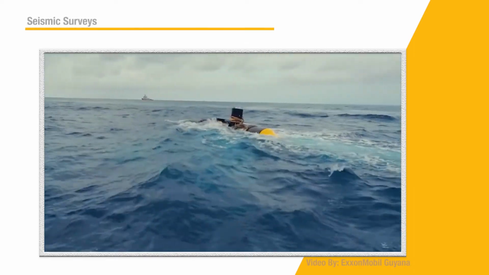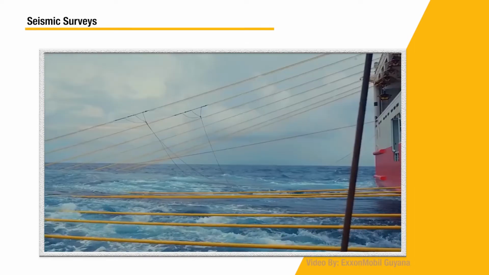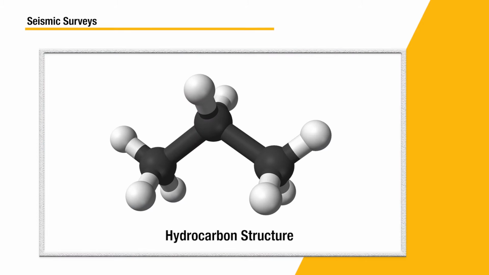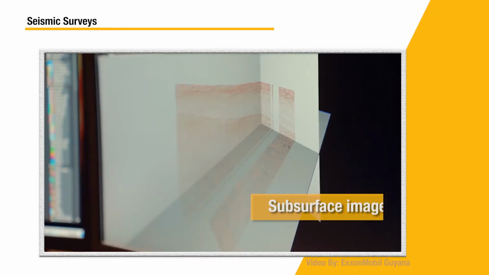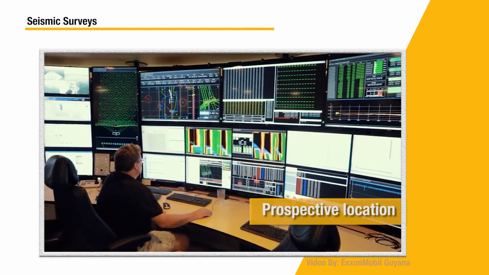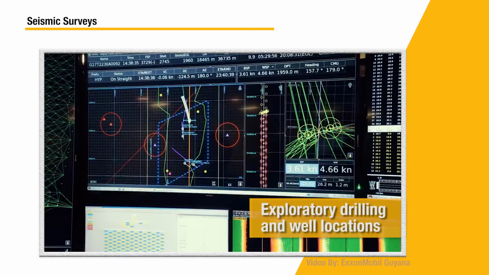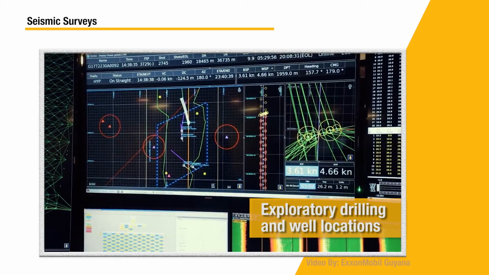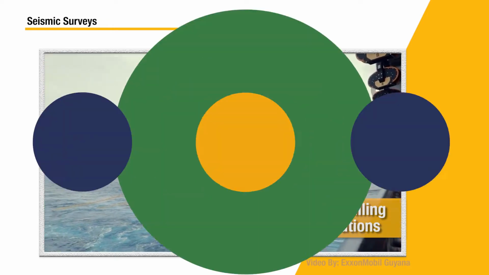Conducting seismic surveys is the first step to locate hydrocarbons. These are organic compounds made up of hydrogen and carbon atoms that are found only in crude oil and natural gas. The main objectives of seismic exploration are to obtain an image of the subsurface, to locate the prospects, and to propose exploratory drilling and well locations.